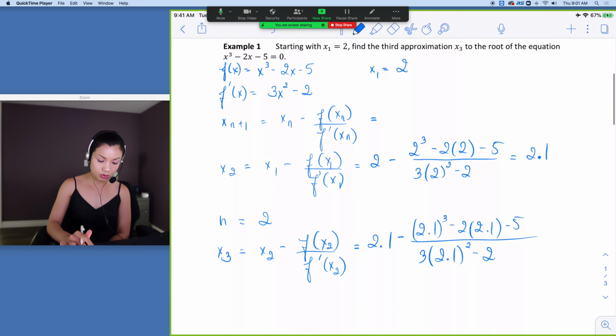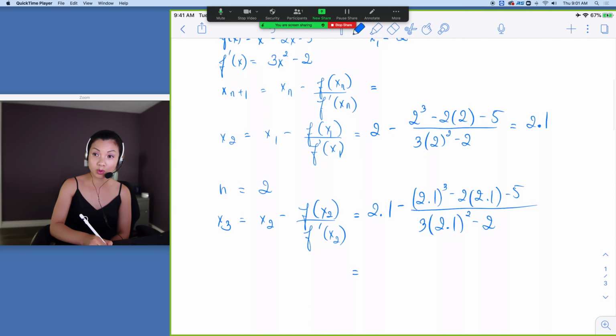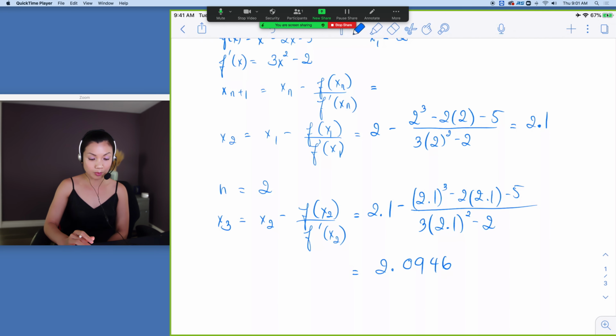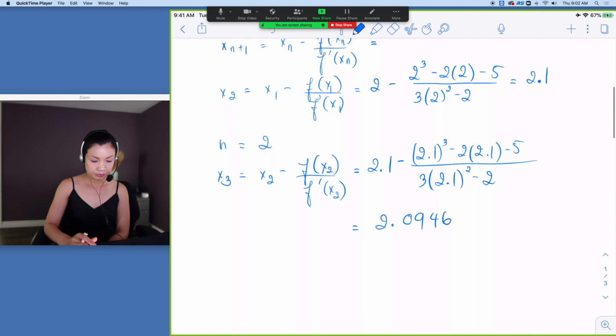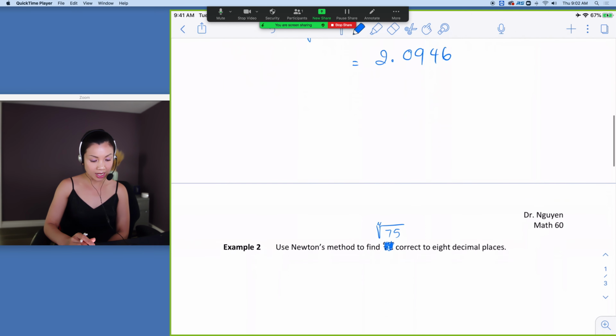When you do the calculation, we end up with 2.0946, which is a very nice approximation to the fourth decimal place. All right, moving on to the next problem.